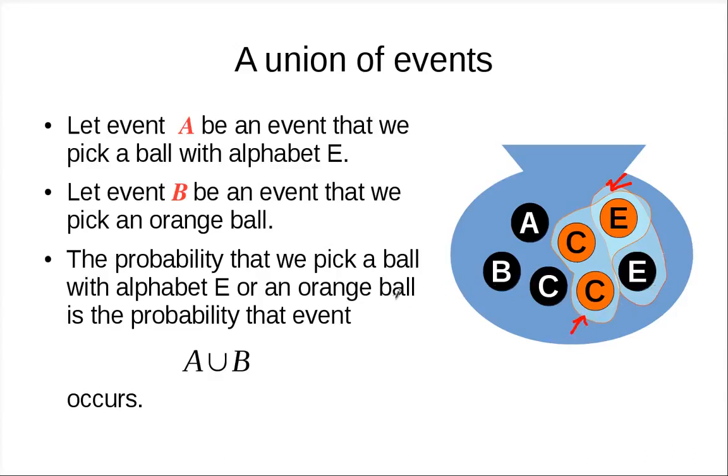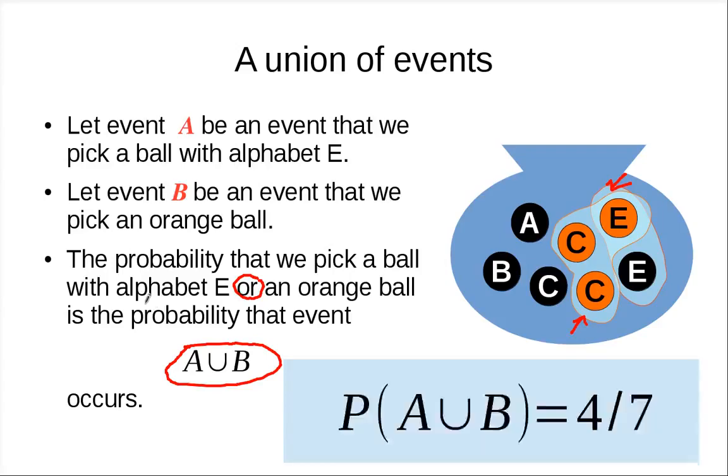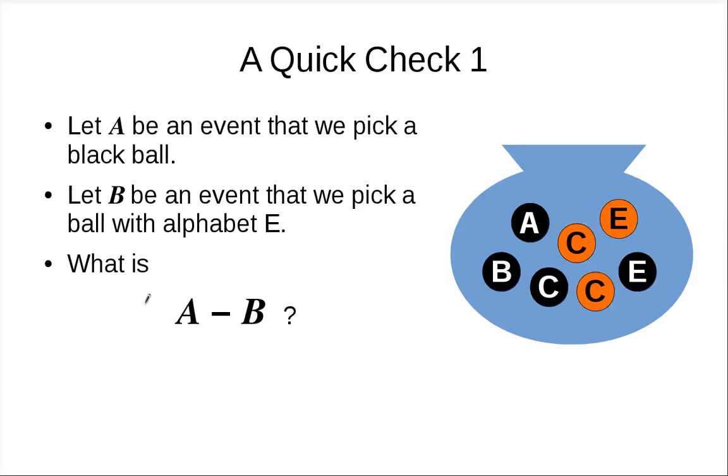So the probability that we pick a ball with alphabet E or an orange ball is the probability of this event. Okay, so we have an event A union B. And what is the probability of this event? It's 4/7.